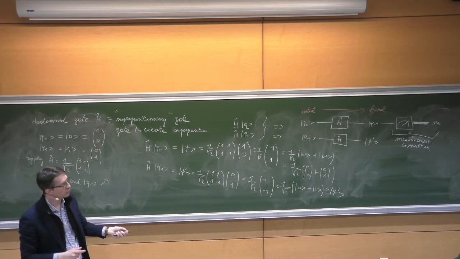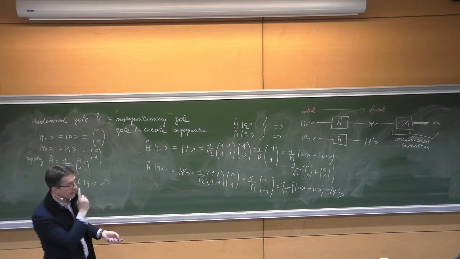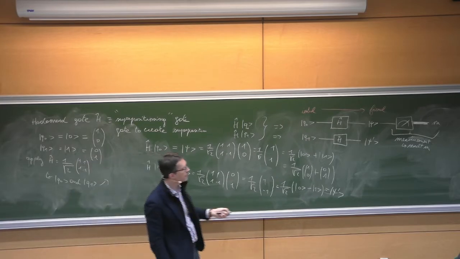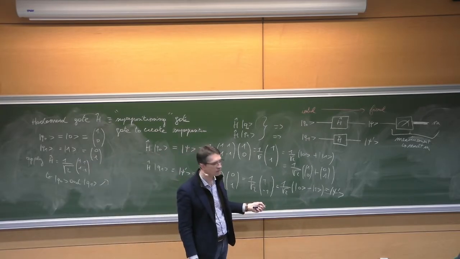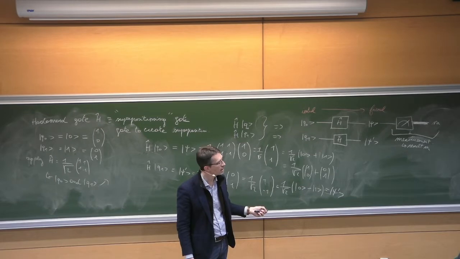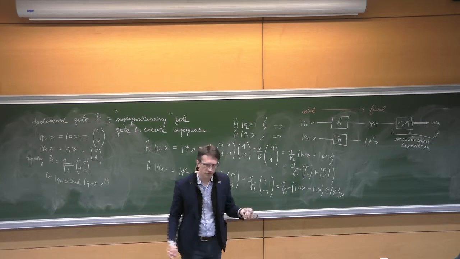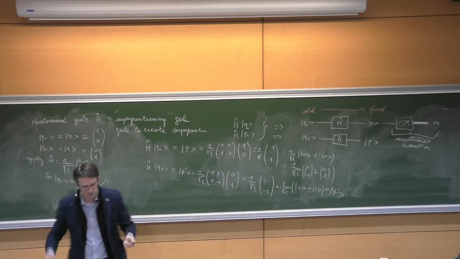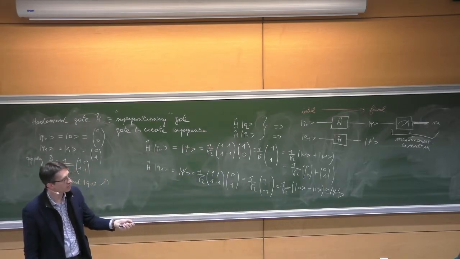That's a NOT gate. But you can realize sometimes a square root of NOT gate. So it would look like this, and the symbol is something like this. Sometimes you find other symbols. Sometimes you just write square root of NOT.